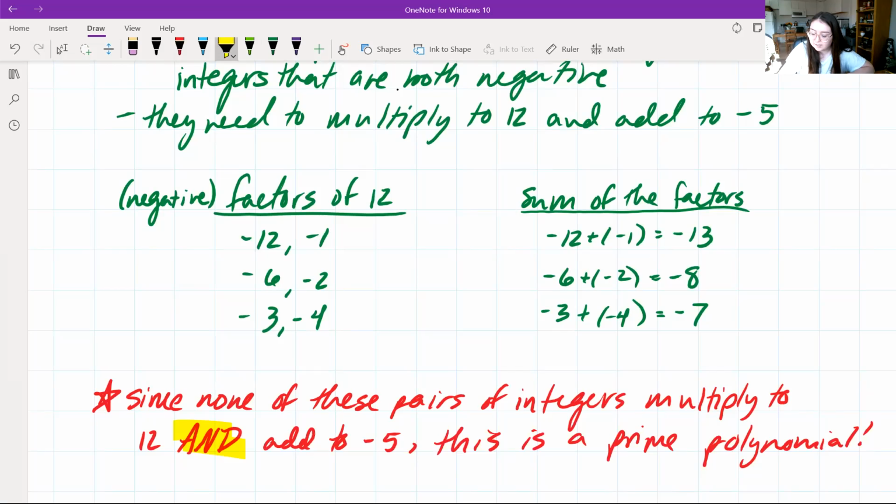So our answer in this case is that it's a prime polynomial.